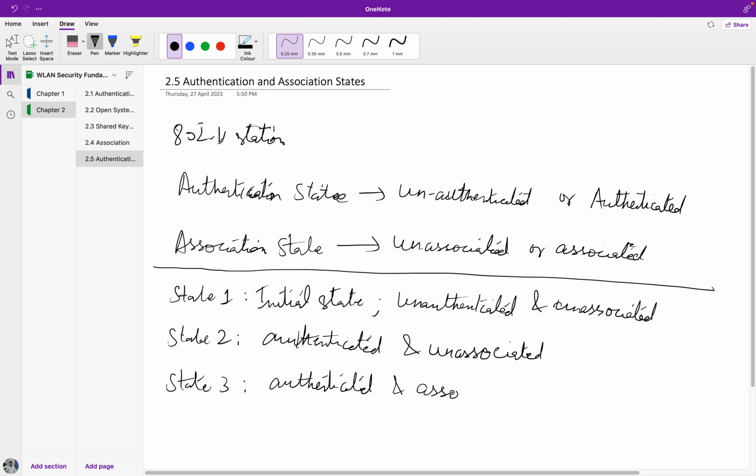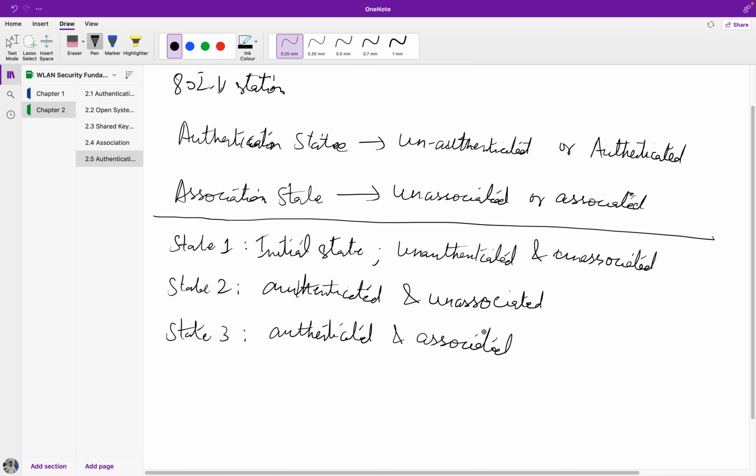Okay, there was a question in one of the CWN exams that I took. Can a client be associated but unauthenticated? State number 4, is it possible? The answer is no. Authentication happens first, that's layer 1 auth happens first. Now if a client is not crossing layer 1 auth, how can it go past it?